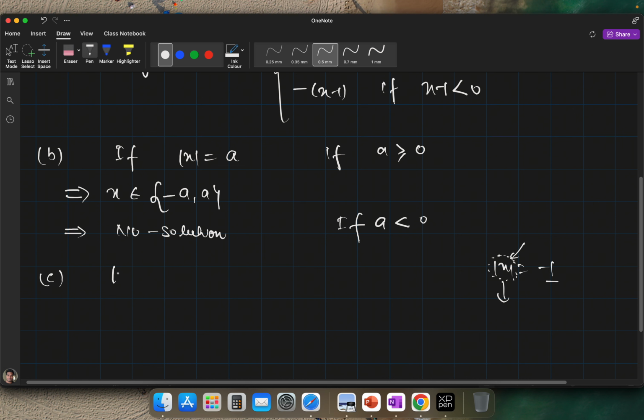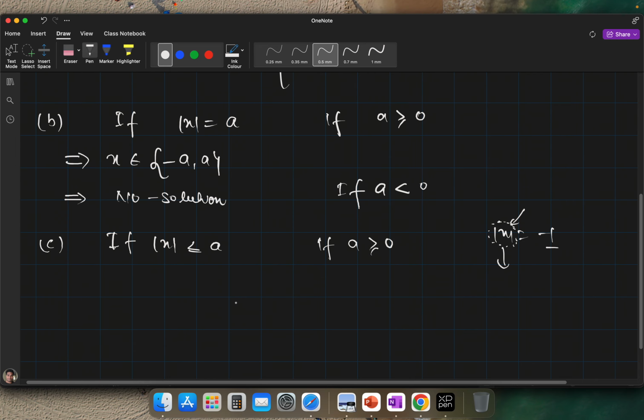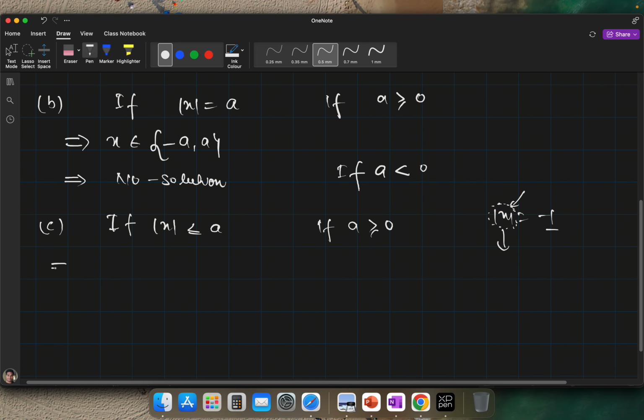Now if mod of x is less than or equal to a, with a a positive number, since this is an inequality, the solution will not be just an element, it will be a set.